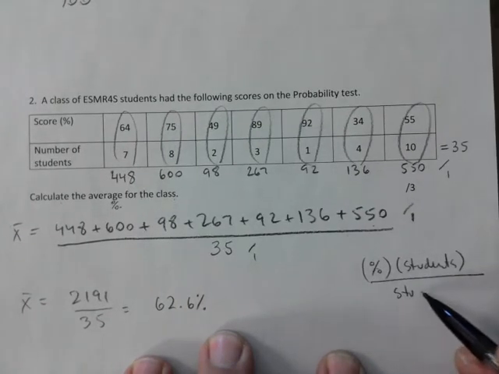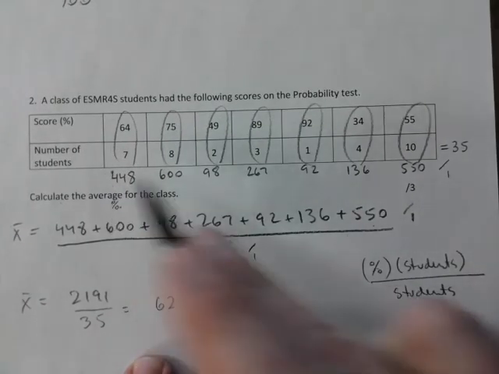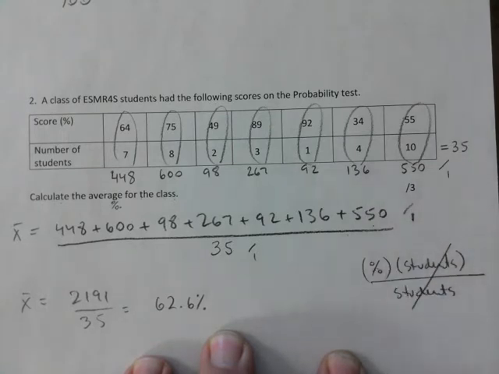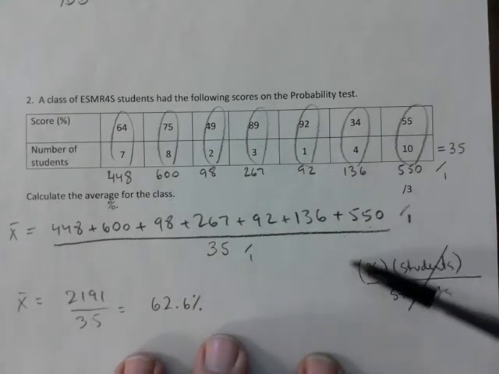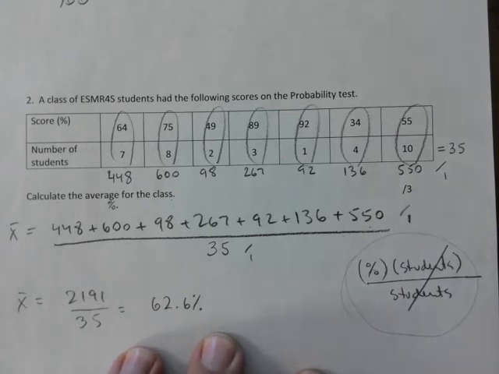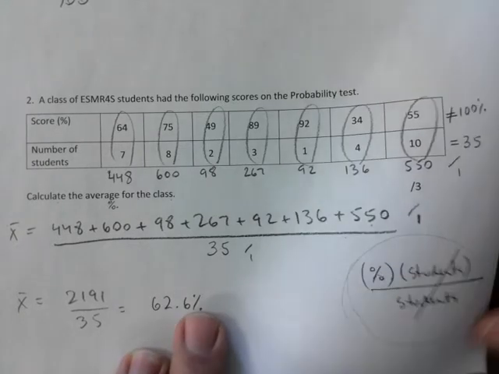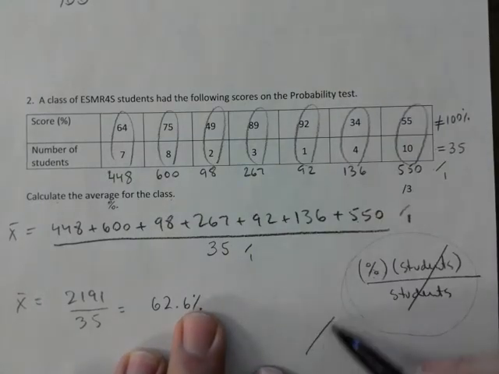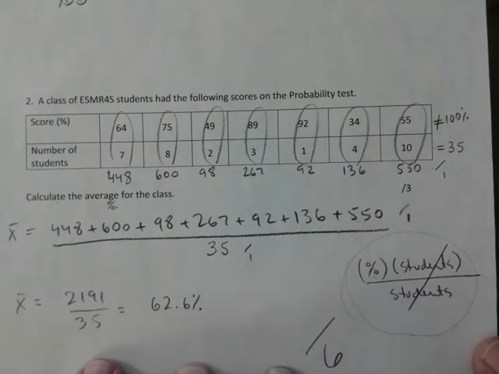That's why you divide by all of the students, and you're left with that. Okay, this is another way of looking at it. This does not add up to 100%, so we couldn't just multiply, add, and then divide by 100. You need one of them to add up to 100 to do that. So this page is out of 6, 3 and 3. Nice and easy.